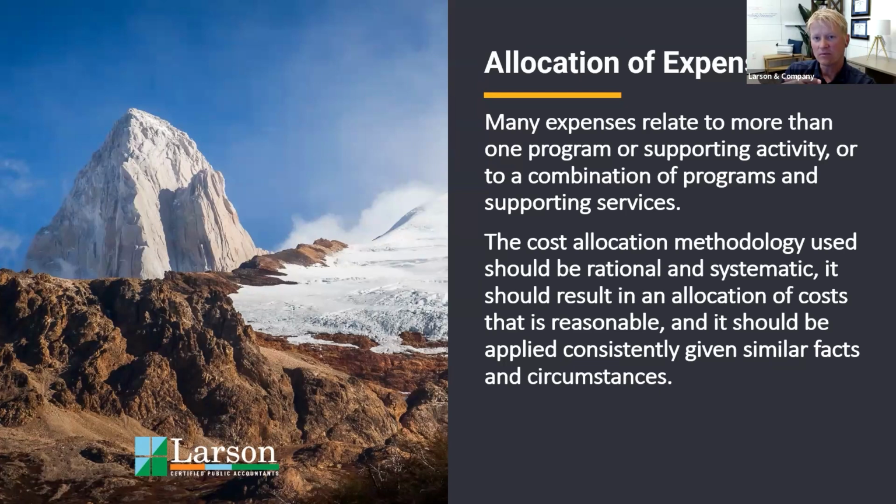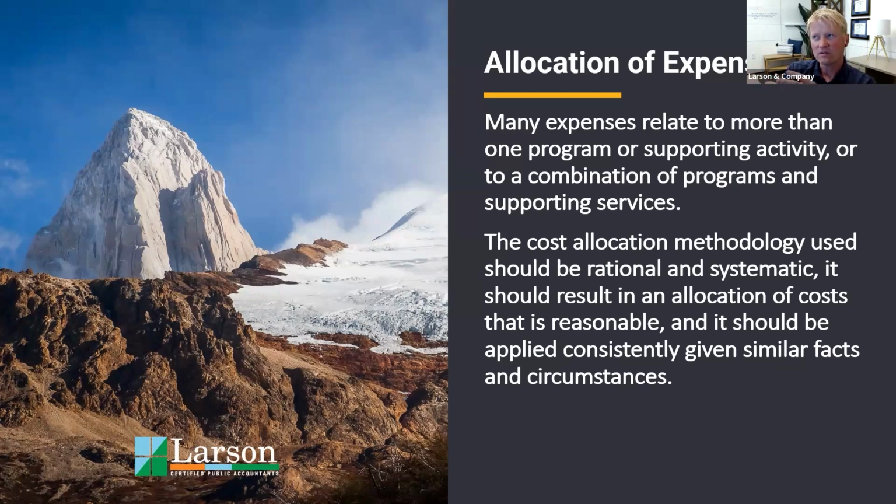Payroll is an easy example of this, where you're going to allocate things based on time. So if you have your executive director, their salary and wages, and you want to determine how to allocate those, a lot of times the executive director is going to be spread across the different areas. They're going to have some program service areas that they're specifically working on. They're going to have management and general. They're going to have fundraising.